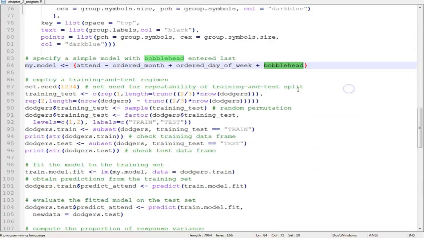And the way that you structure this so that you can put it into the LM function is like this. You say the variable you're trying to predict, you put the tilde, you put the variables that you want separated by the plus sign, and you enclose that in these kinds of brackets.